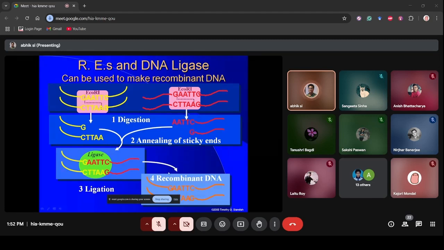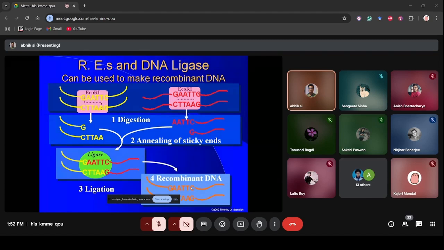So this is the concept of rDNA technology, and without restriction endonuclease you can't go for anything in rDNA technology. This is the basic tool of rDNA technology, which is restriction endonuclease.